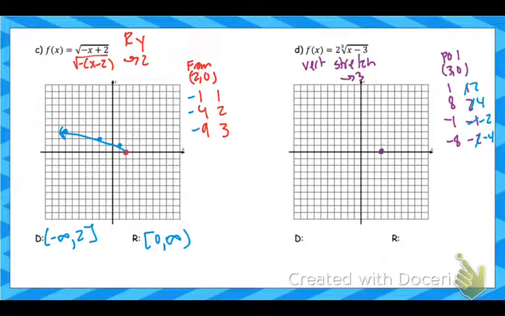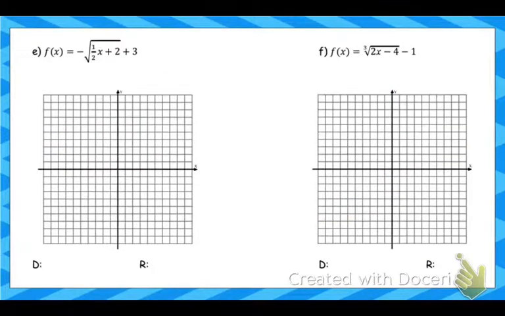So right 1 up 2, right 8 is going to go a little bit off my graph, up 4, left 1 down 2, and left 8 down 4. And there's my cube root function. And we're done. All right, so the last two are just going to deal with horizontal stretches and compressions.